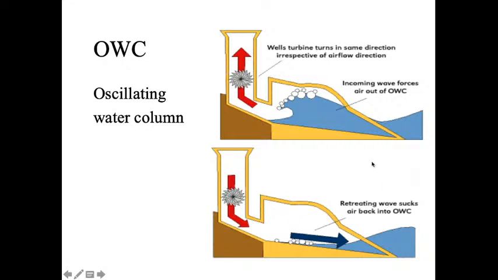Like our other tidal energy, when the tide comes in, it's going to turn the turbine one way. When it goes out, it'll turn it the other way. And if we've set up our generator to work on a switch like that, we can continuously produce energy as long as the waves are coming in and out and rotating our turbine.